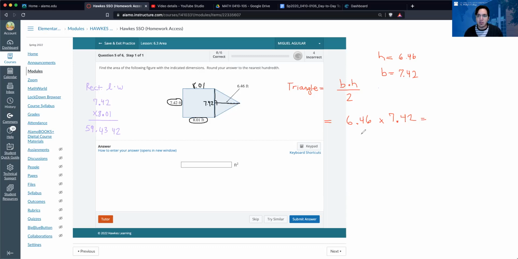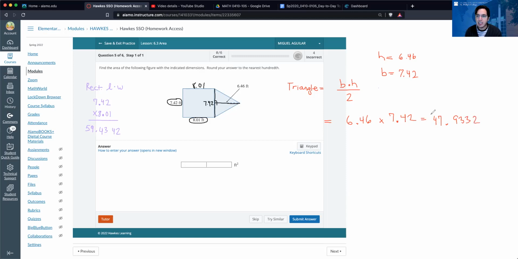Right, that's a little trick that we can use to see what our answer is going to be and if we're on the right track. So I could throw this into the calculator, 6.46 times 7.42, and I get 47.9332 for that.